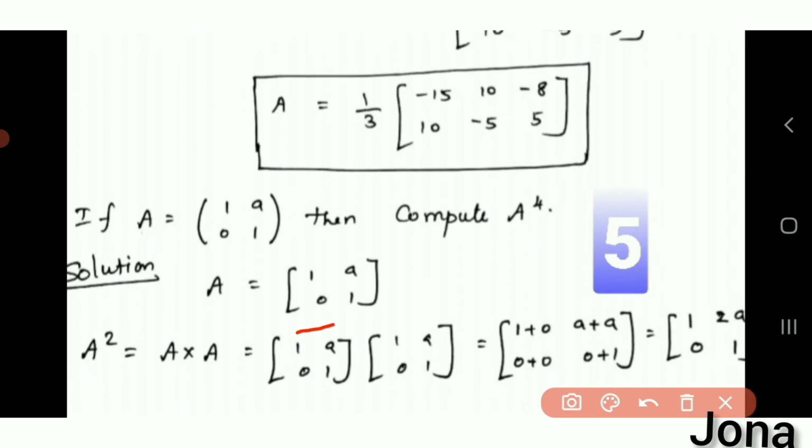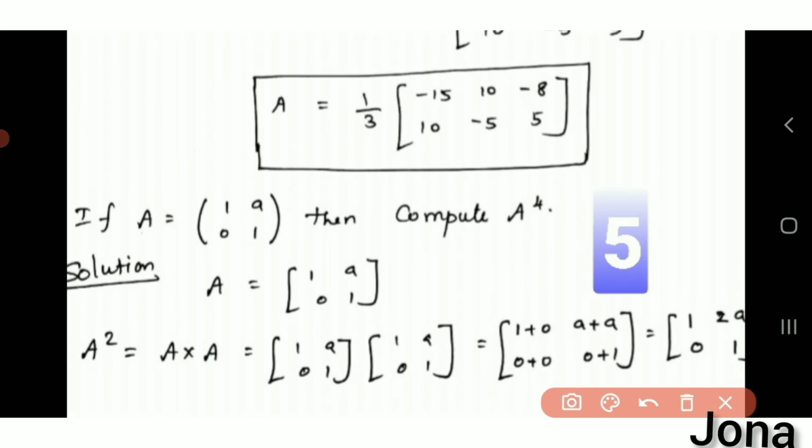So first row, first column: 1 into 1 is 1, a into 0 is 0, so 1 plus 0. And then first row, second column, that is 1 into a is a, a into 1 is also a. And then second row, first column, 0 into 1 is 0 and 1 into 0 is 0.